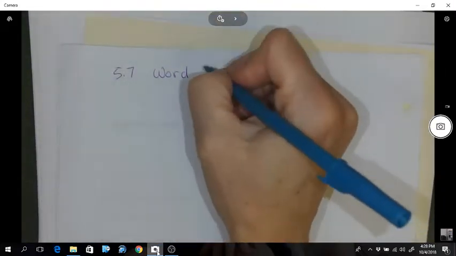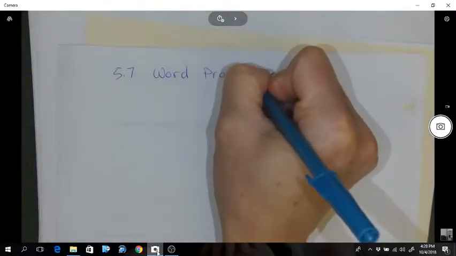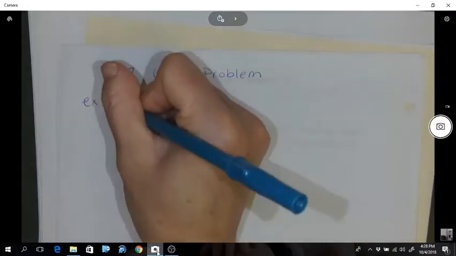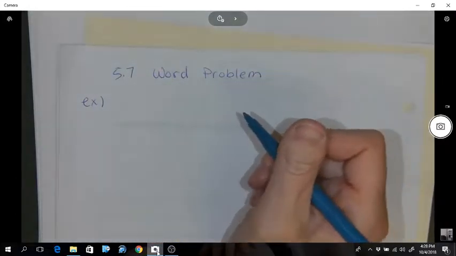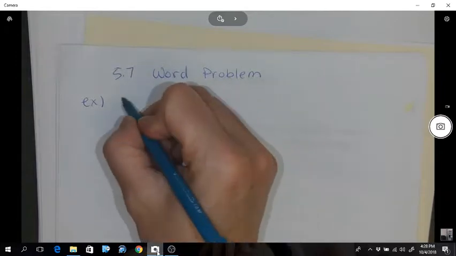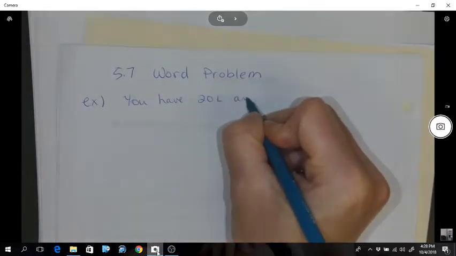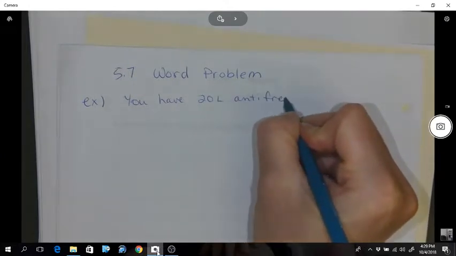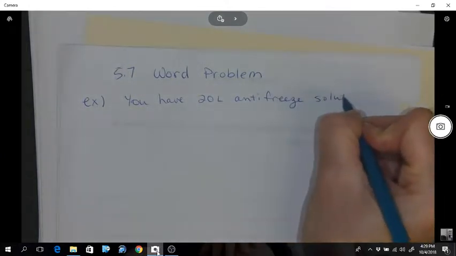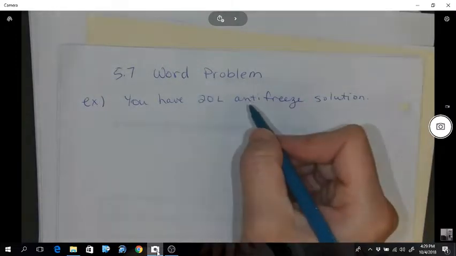Okay, last rational lesson, 5.7, word problems. Number 1. You have a solution of 20-liter antifreeze and water.